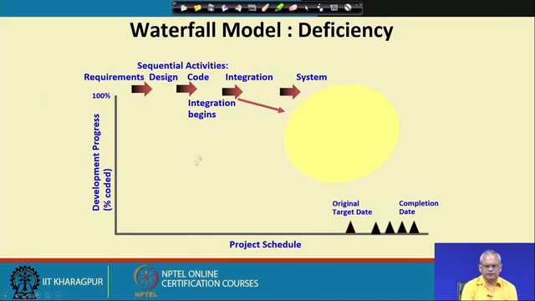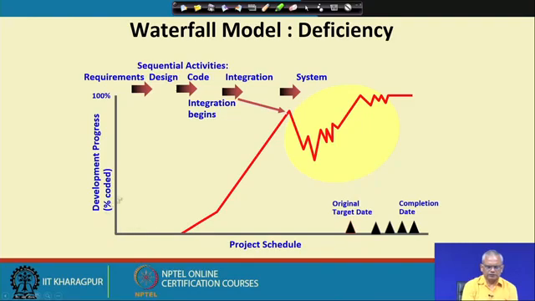Typically, this is the scenario: the project is on time, everything is under control, the project manager is happy, requirements, design, everything is progressing fine, and then the integration begins. And from here the problem starts actually. The project starts getting delayed.